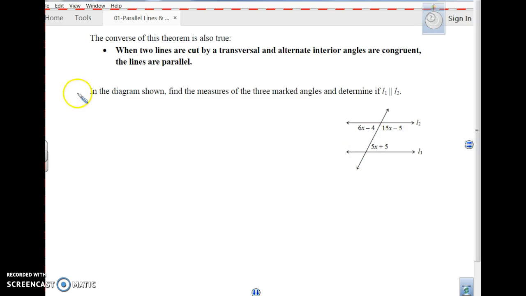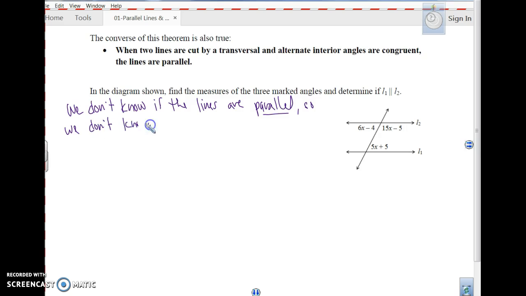No. Okay, so we don't know if the lines are parallel, so we don't know if the alternate interior angles are congruent. We can't say for sure if these two are equal or not because we don't know if they're alternate interior angles. However, what two angles do we know something about?